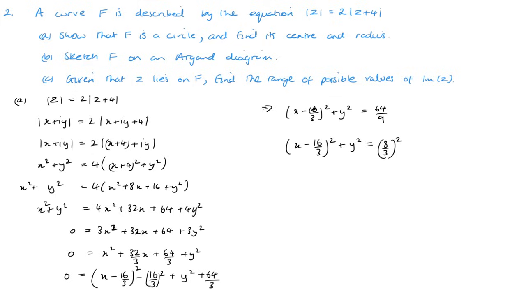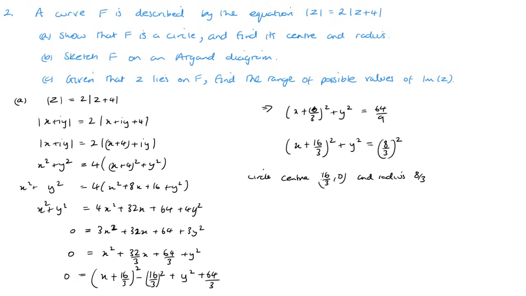Okay, so now we've got center 16/3, 0, and radius 8/3. Sorry, I've just realized my plus 32 somehow became a minus. So this should be a plus, this is a plus, this is a plus, and therefore this is a minus.